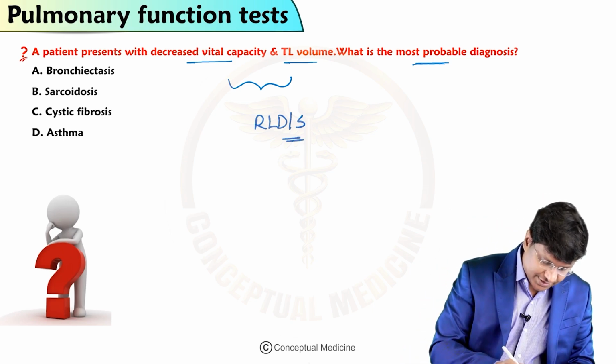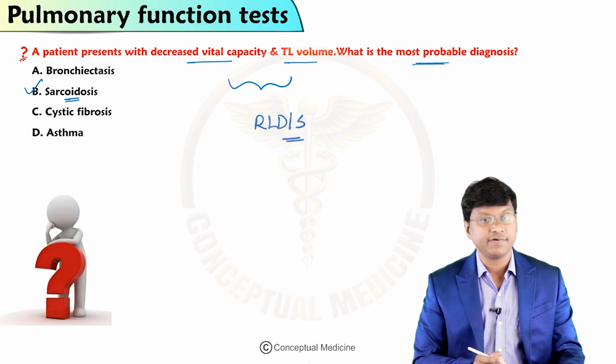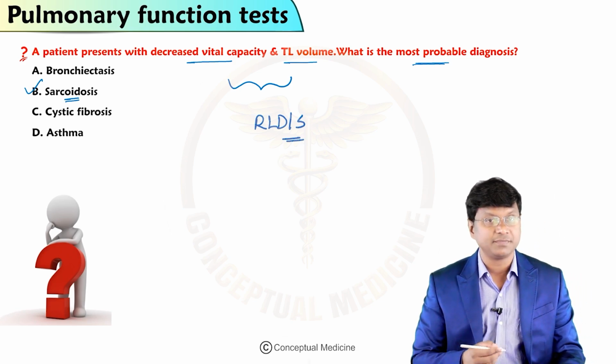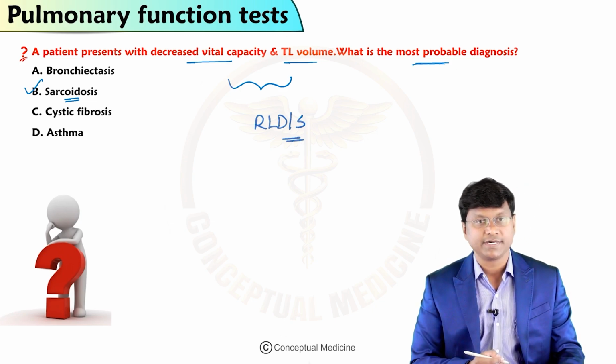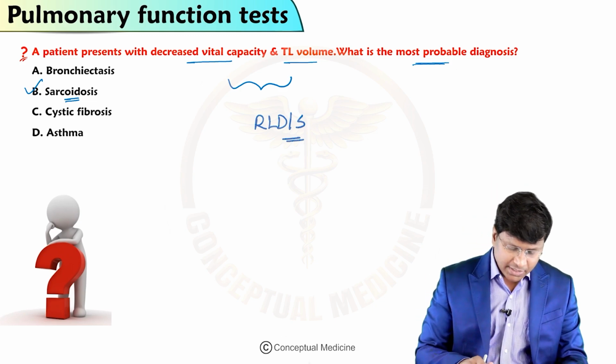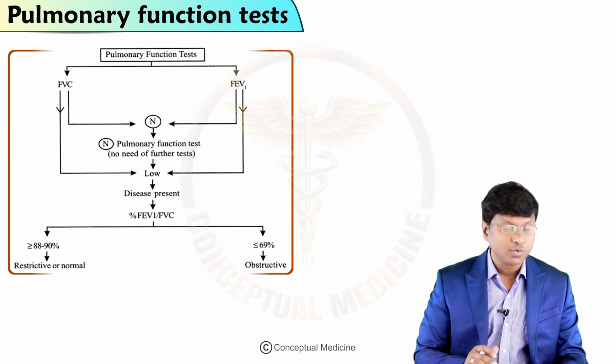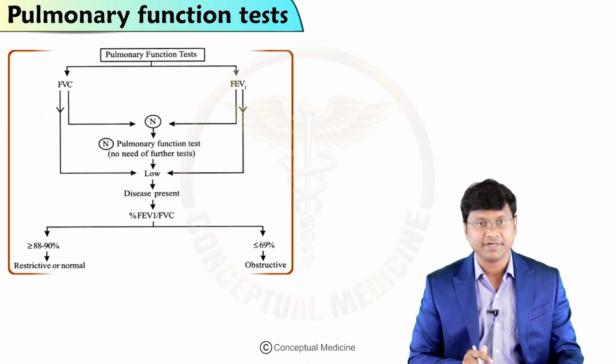Among these, which is the restrictive lung disease? That is sarcoidosis. Bronchiectasis, cystic fibrosis and asthma are all obstructive lung diseases, but sarcoidosis is a restrictive lung disease. Okay. So this is the summary of how you have to interpret the pulmonary function test.